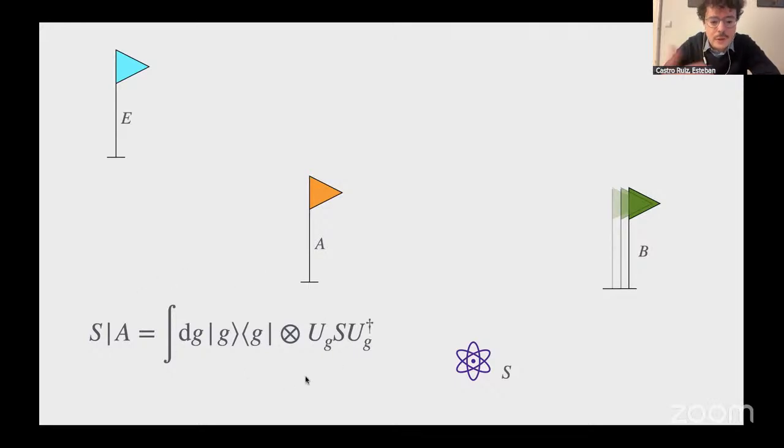These are important because in the limit where the reference frame is very sharp, namely when the inner product between these G states that tell me how my reference frame is oriented vanishes, in that limit I recover an isomorphism between the system as defined relative to the external frame and the system as defined relative to Alice.